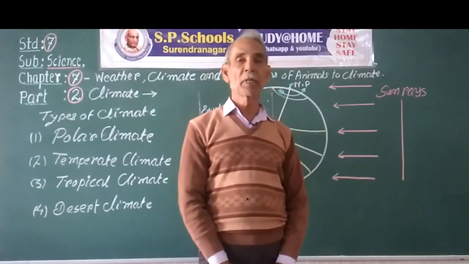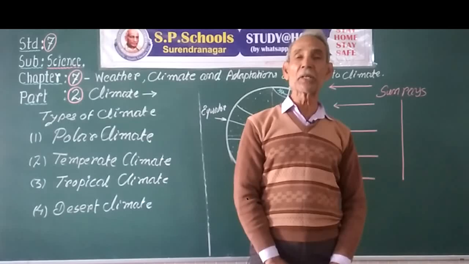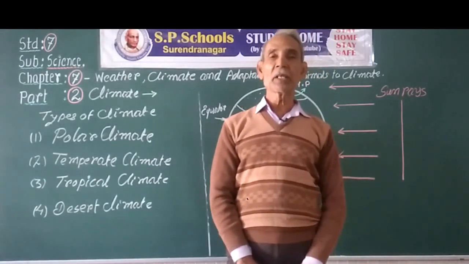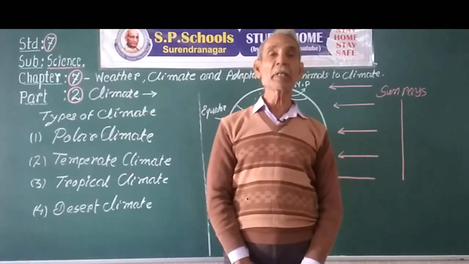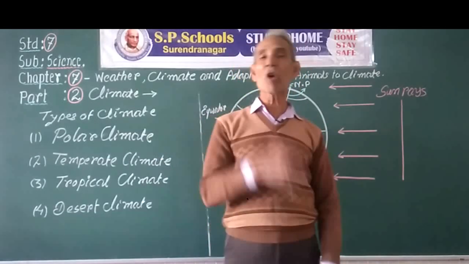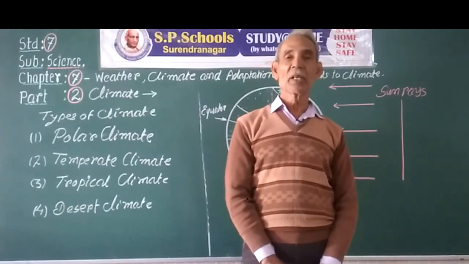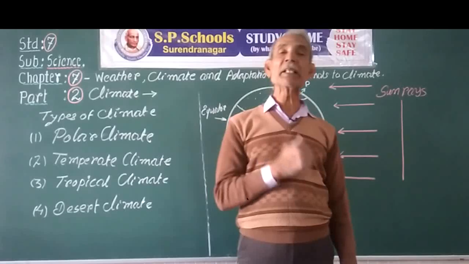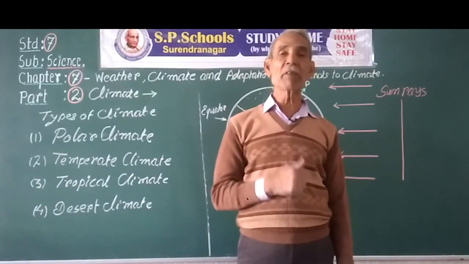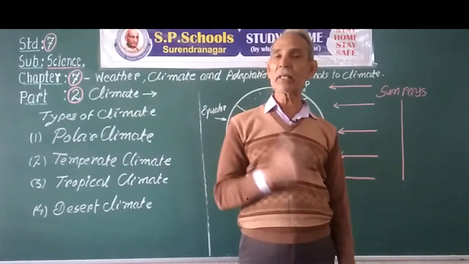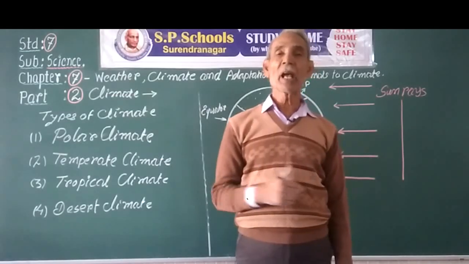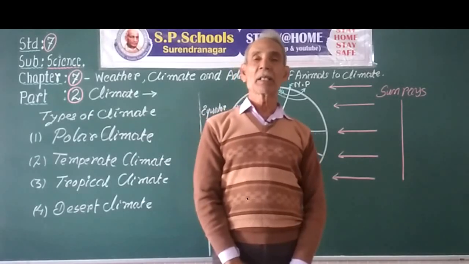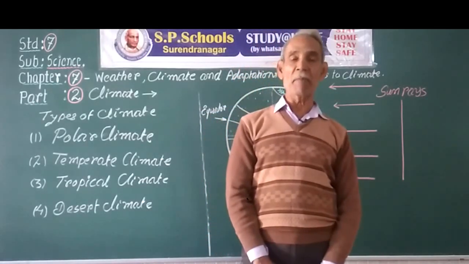If the condition over many years remains hot on average, then we say that the climate is hot. If for many days in a year it rains heavily every now and then, and for the whole year and for many years on average, we say that it is a rainy climate.